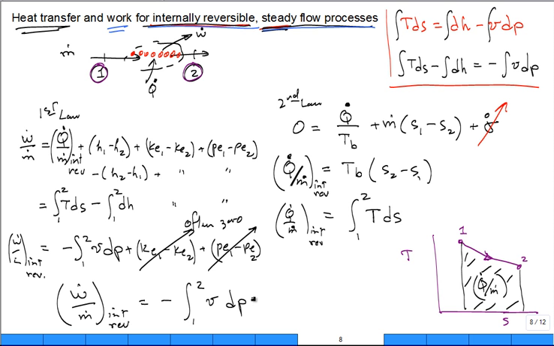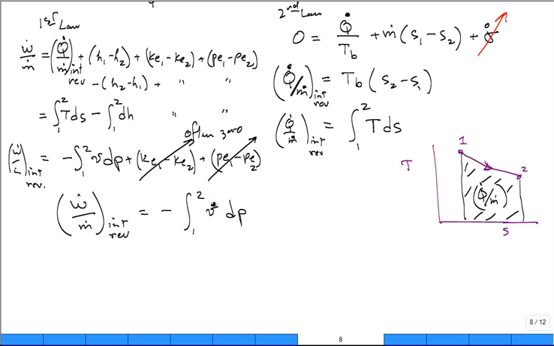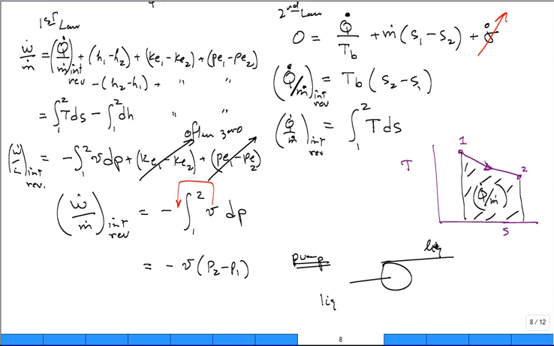What? Well, if the specific volume is a constant, it can come outside the integral, and the work is minus V times (P2 minus P1). Now, when do we have that? This often applies to a pump. You have a liquid coming in, liquid going out. The purpose of the pump is not to change the volume of the fluid flowing through it. The purpose of the pump is to boost the pressure from P1 to P2.